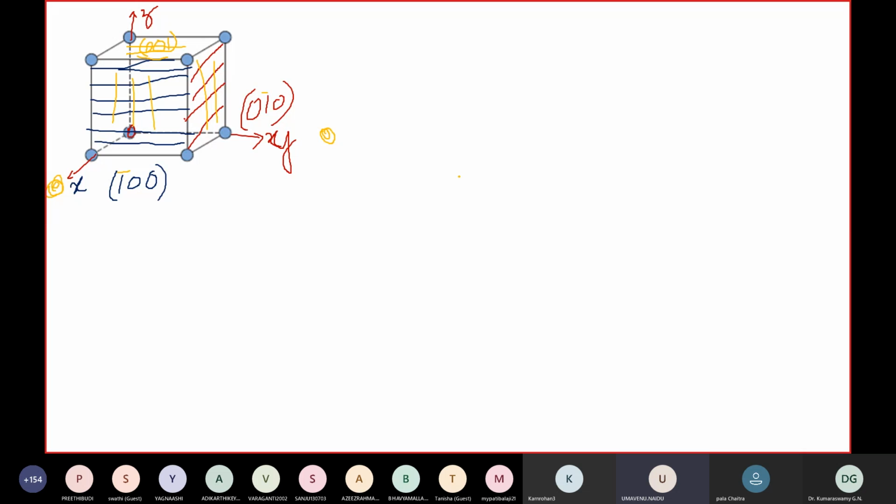So, just because they are lying in different directions, we cannot differentiate between these planes, right? So these planes, let me write 1, 0, 0, 0, 1, 0, 0, 0, 1.